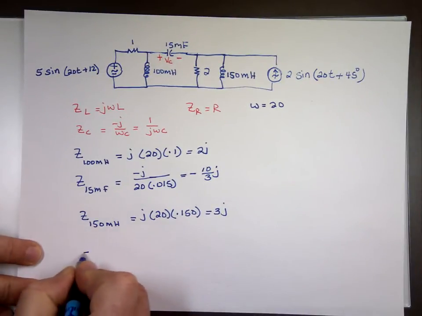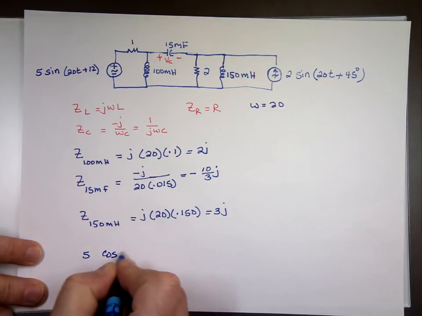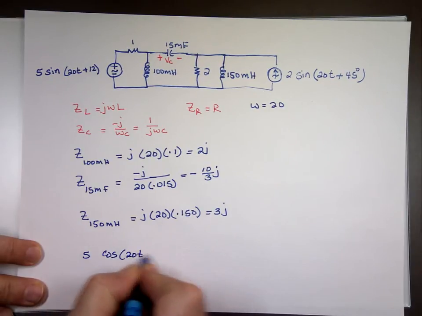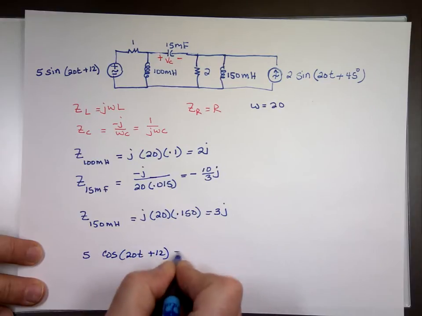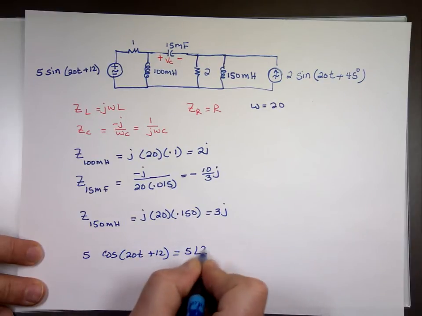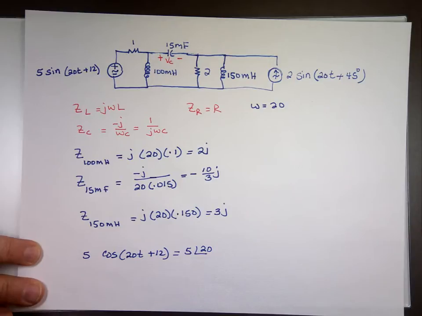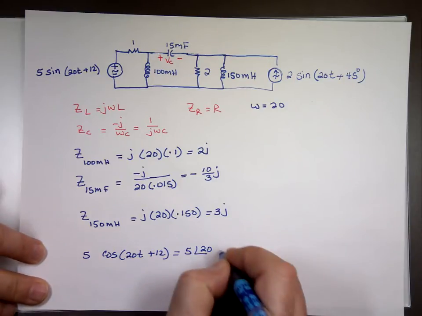We know if this was 5 cosine 20t plus 12, you can write that as 5 angle 20. Because the rule says what?